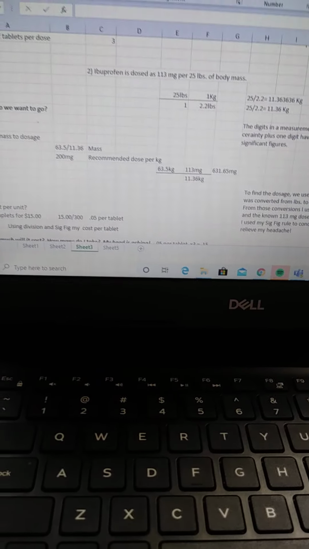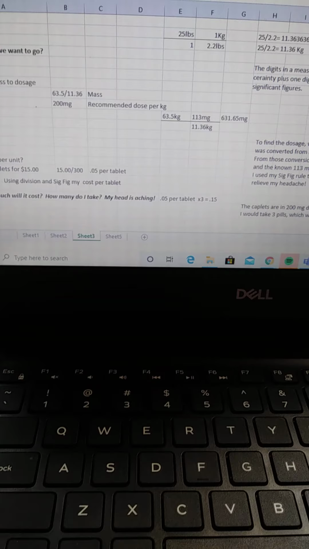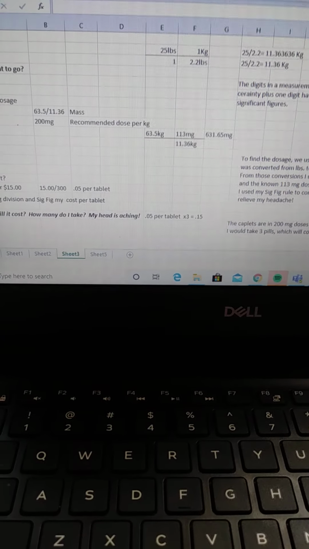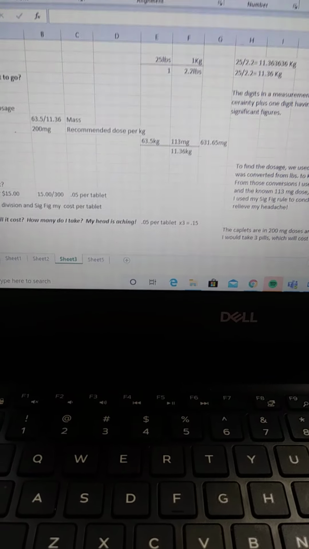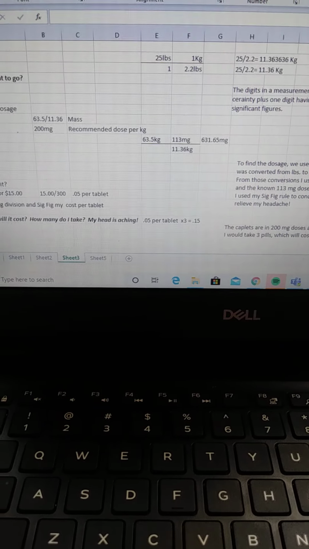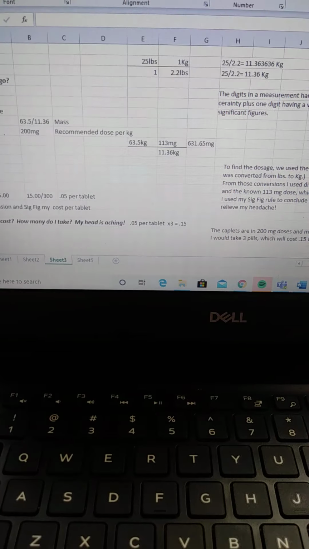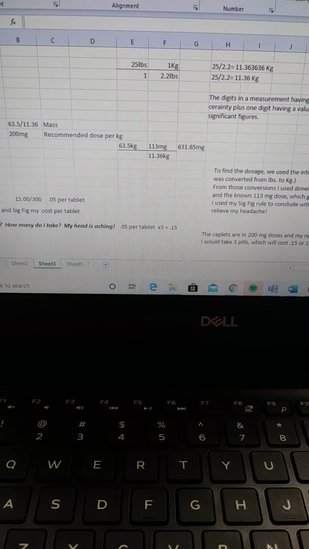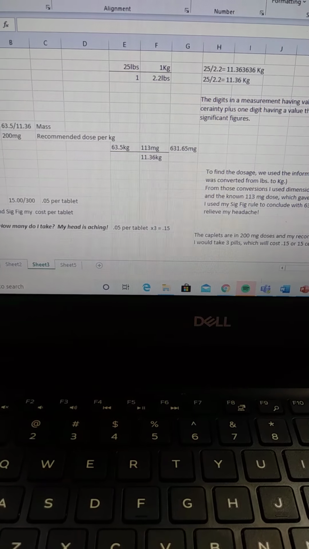In order to do that, I come down and I take my 63.5, my weight, plus the weight that they converted, which was 11.3. I have those two weights, and I have the kilograms versus milligrams now. I take 63.5 on top, multiply that by 113, and then divide by 11.36 kilograms.